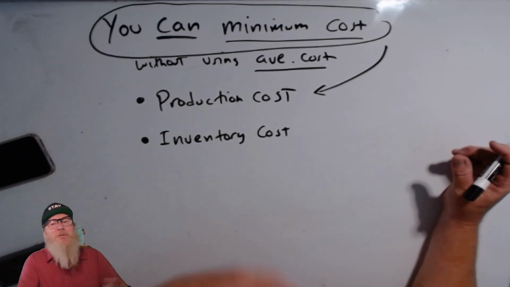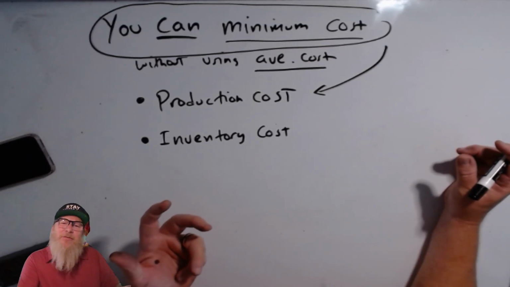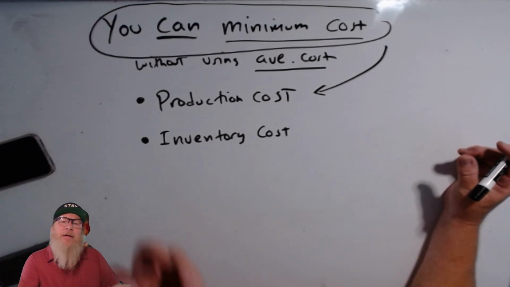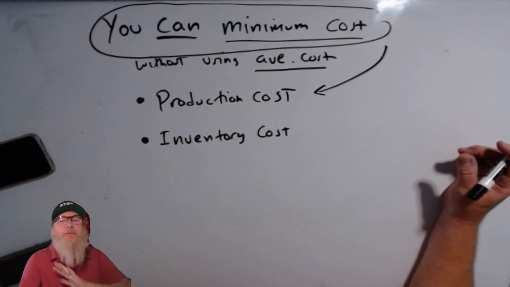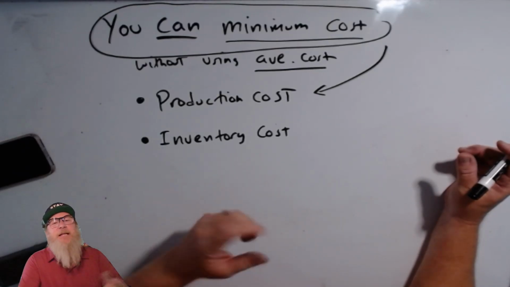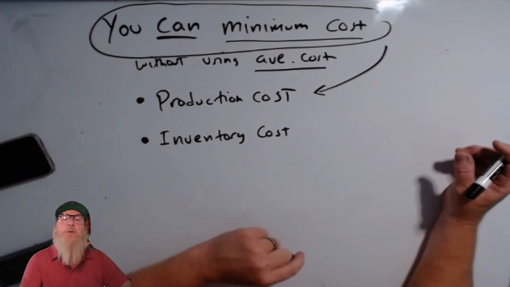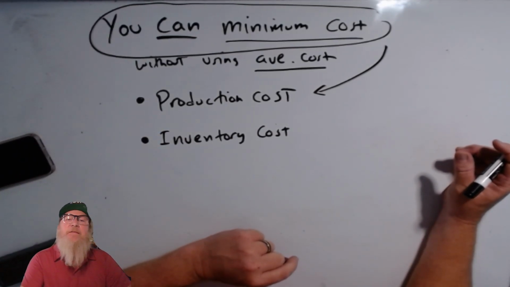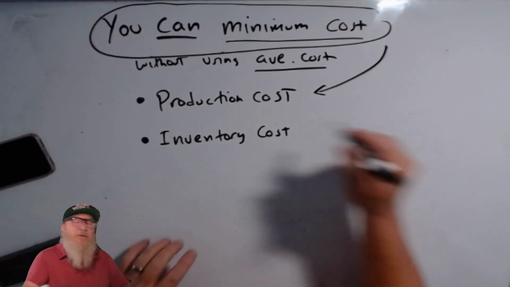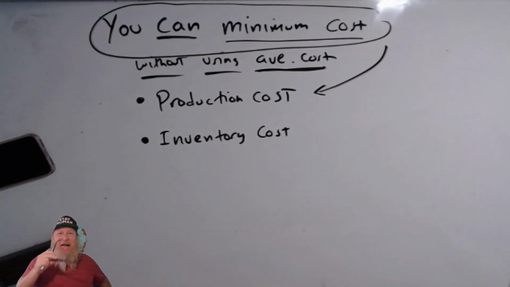It turns out once you involve humans and working, although I might have talked a little bit about it. I did a very rudimentary example, but I'm going to keep it to what we actually have the techniques today to be able to solve. So we can solve these 2 problems, production cost and inventory cost, without using an average, just by using the actual cost of whatever it is that we're producing.